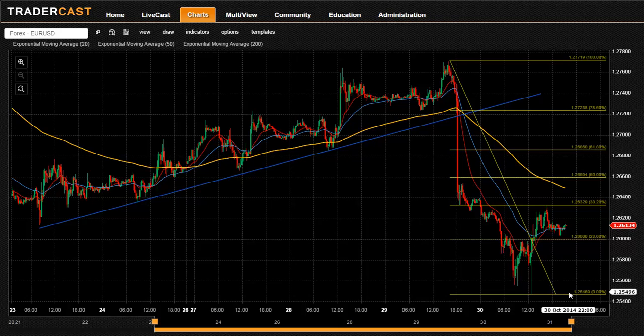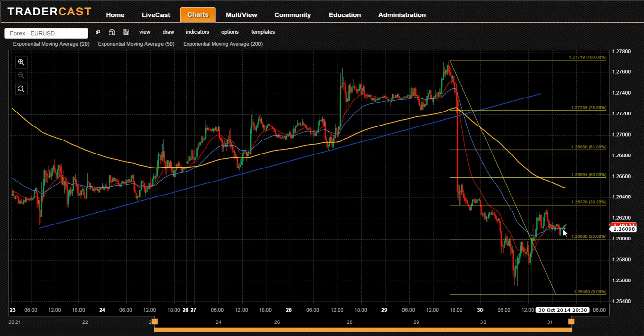Only a confirmed loss of 25.40, maybe a 15-minute candle or hourly candle closing below this level, and obvious dollar strength manifested in the dollar index, could potentially target 25, even 25.00.